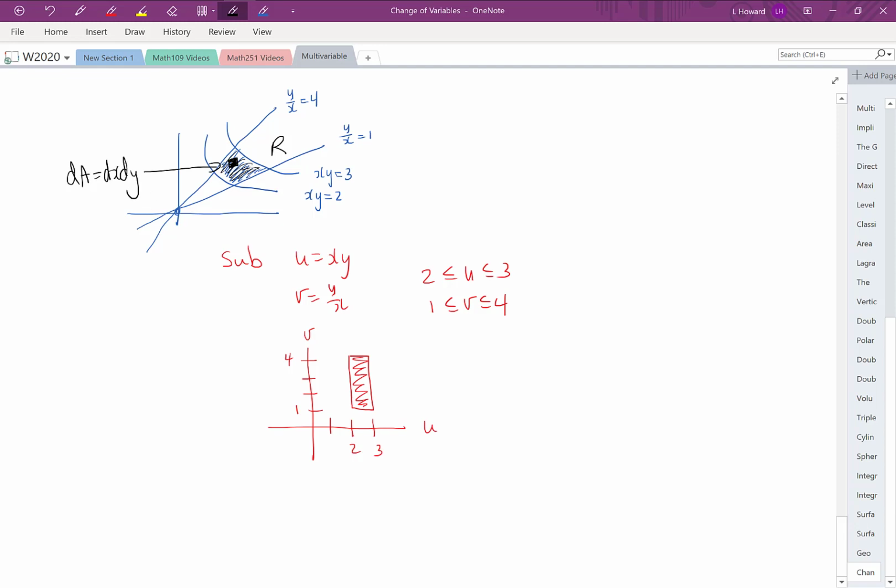Now, if we were to look at all the points in that little rectangle, figure out what x and y values are being captured in it, and then we change variables over to u and v, and figure out what points u and v that little rectangle corresponds to, in the uv plane those points are no longer a rectangle. They're probably a distorted shape. Who knows exactly what the shape will be, but not a rectangle anymore. And the area will not be the same as the area dA that we started with over here.